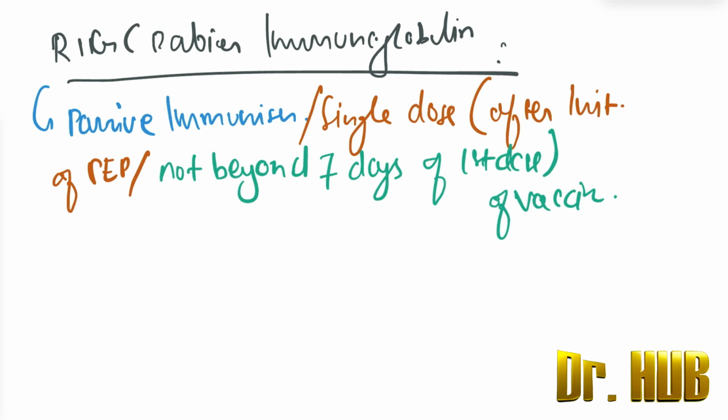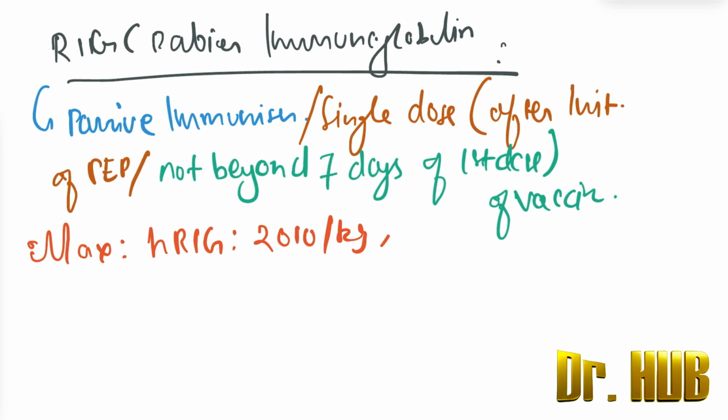So what is the max dose? For HRIG it is going to be 20 IU per kg. Then comes the ERIG, which will be 40 IU per kg body weight.